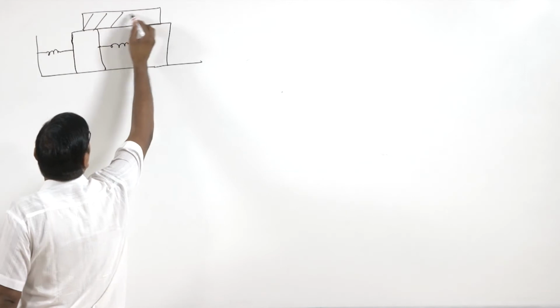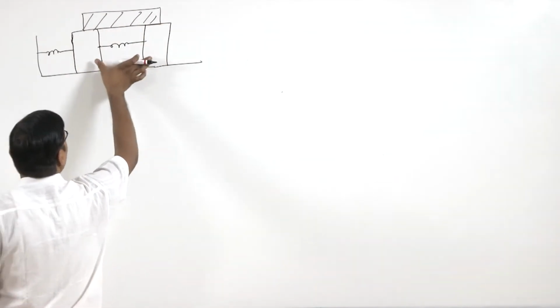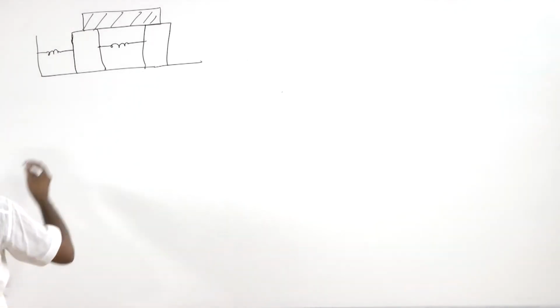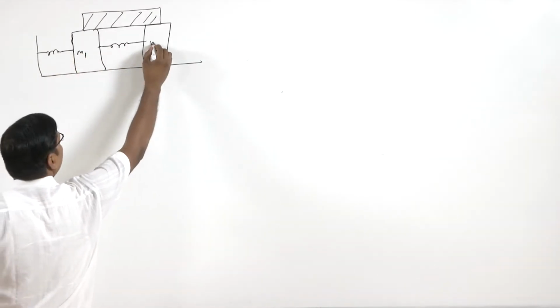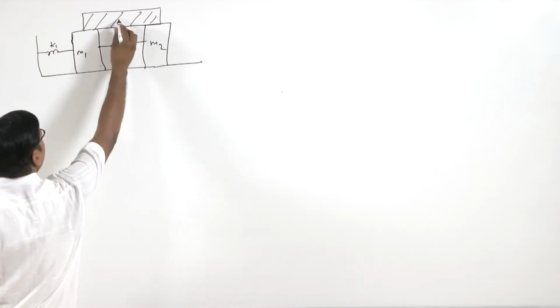So here is another mass, and these are two masses. This is M1, M2, this is K1, K2, this is M3.